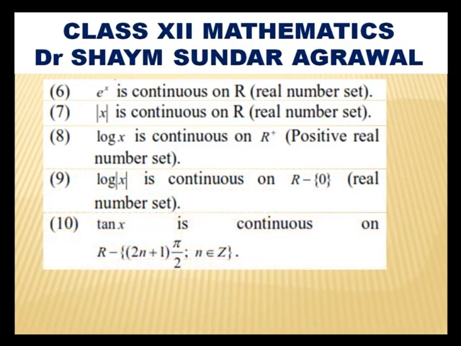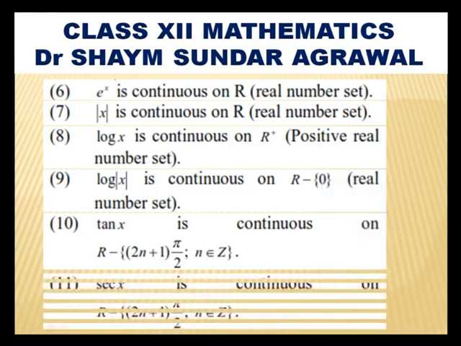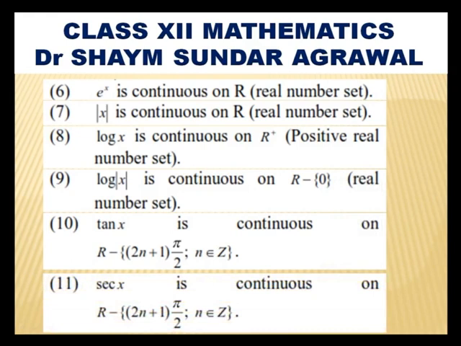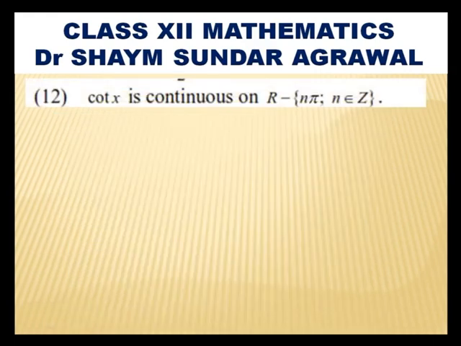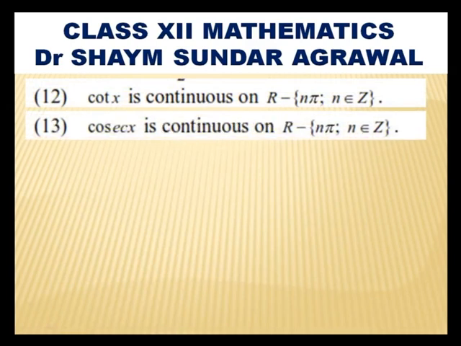Tan x is continuous in its domain R minus (2n plus 1) pi by 2, where n belongs to Z. Sec x is continuous on its domain R minus (2n plus 1) pi by 2, where n belongs to Z. Cot x is also continuous on its domain R minus n pi, where n belongs to Z. Cosec x is also continuous on R minus n pi, n belongs to Z.